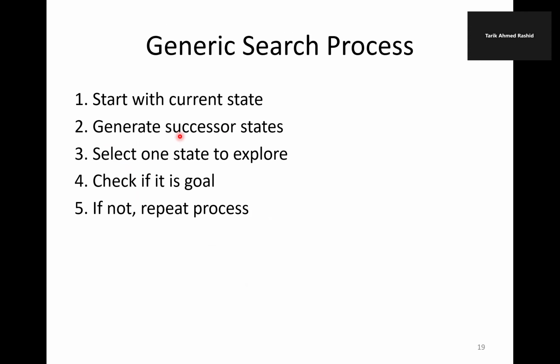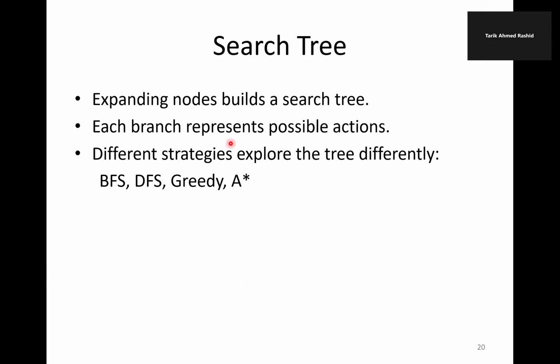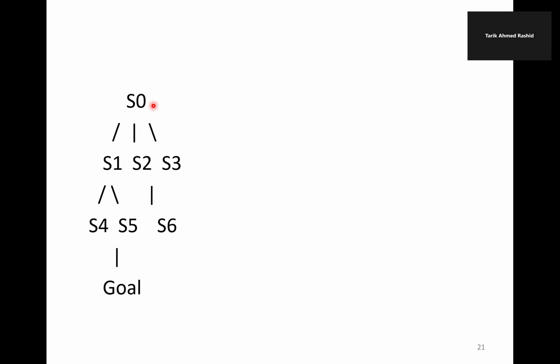Start with the current state, generate successor states, select one state to explore, and check if it's a goal. If not, repeat the process until you find the goal. You might have search trees, and you might have breadth-first search, depth-first search, greedy search, A-star search, and others.